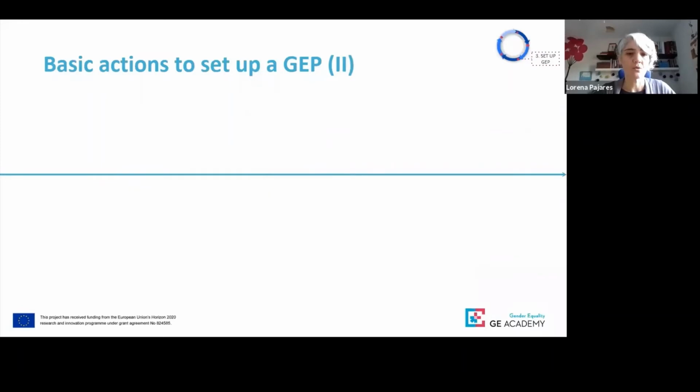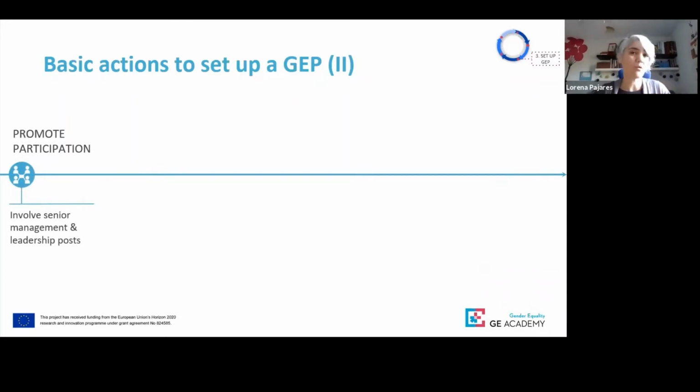Next action would be to promote participation of actors at all levels. So we look back to our map of actors that we did in our first step, and we see for each measure, for each step, which actor should be participating, okay? And this is important because normally the process of drafting the gender equality plan is not very participatory.